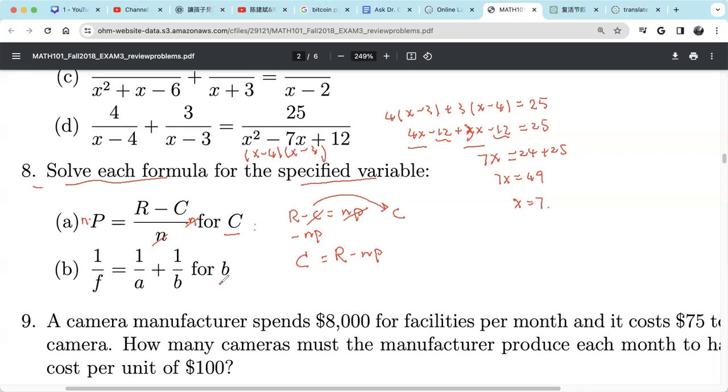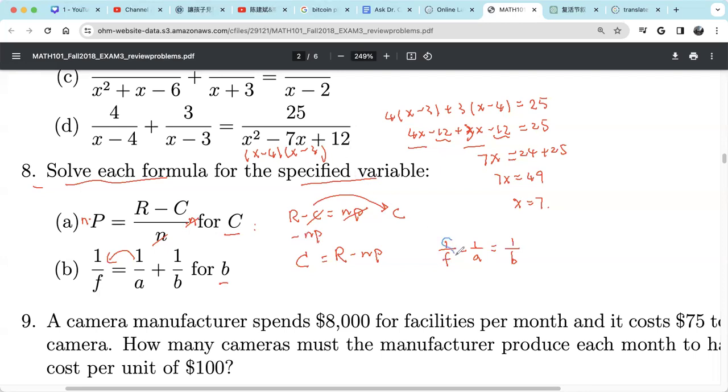Well, let's see B, we want to solve for B. First, let's move 1 over A to the other side. So we have 1 over F minus 1 over A equals 1 over B. Now, let me change my color. So I have these two fractions.